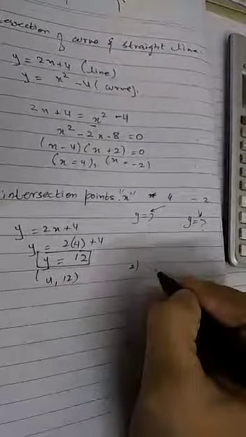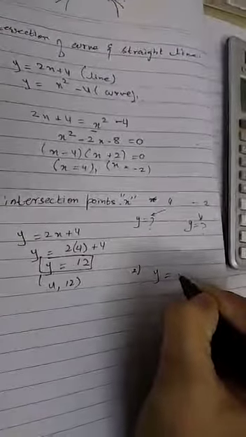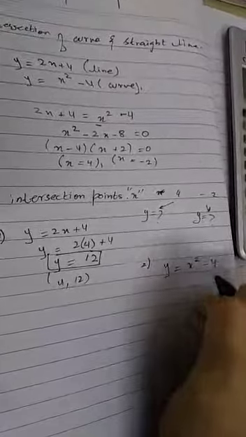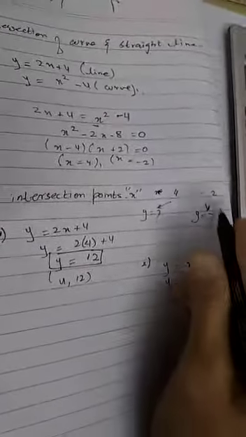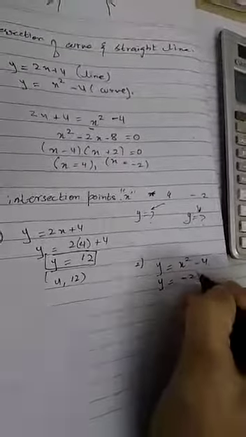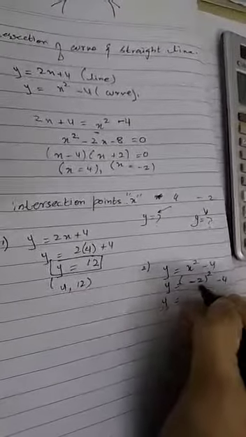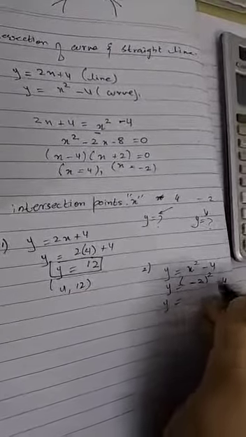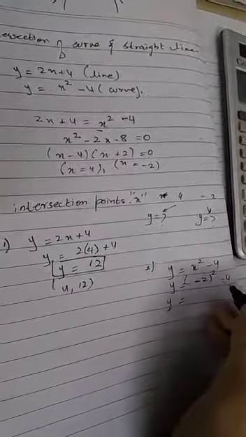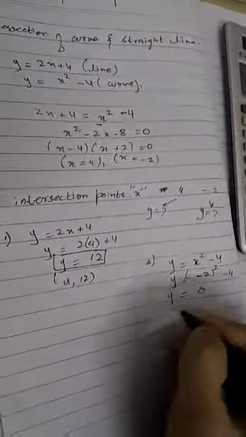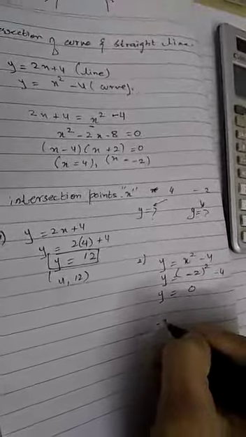Now the other: y is equal to x square minus 4. With x as minus 2, y is equal to 4 minus 4, which is 0. We got another coordinate here.